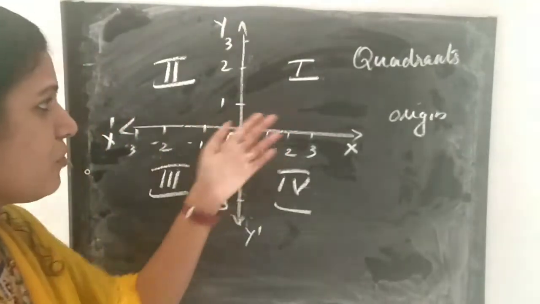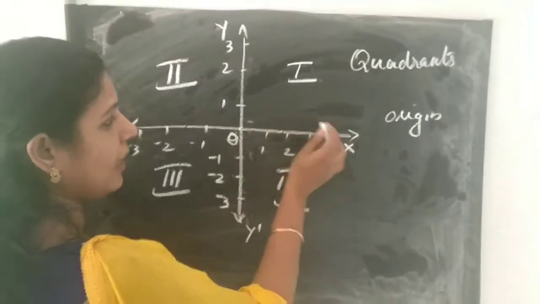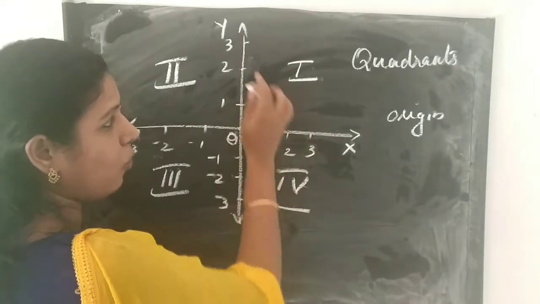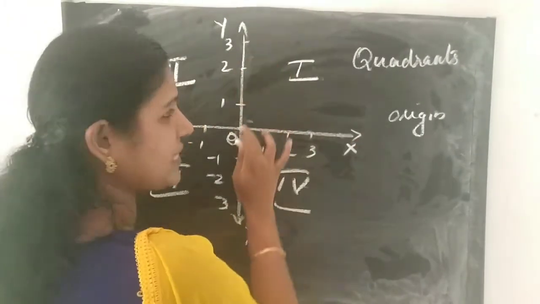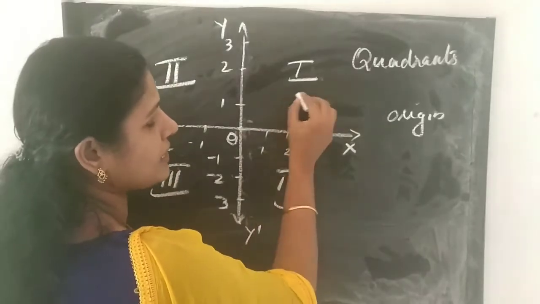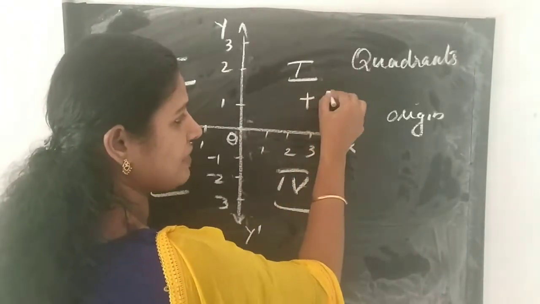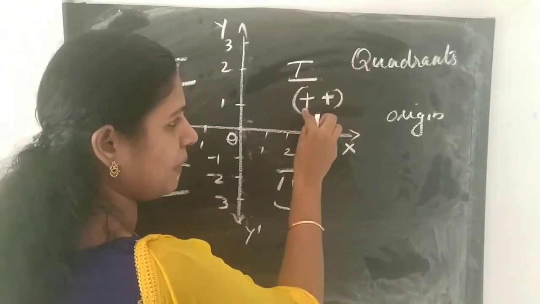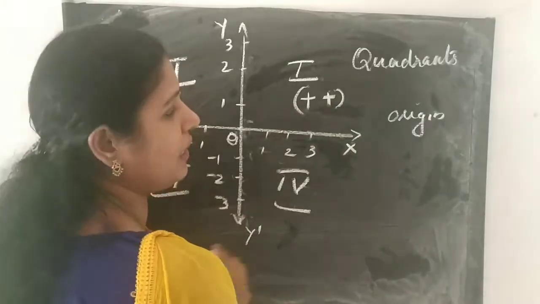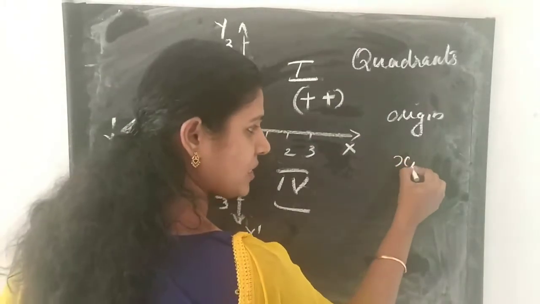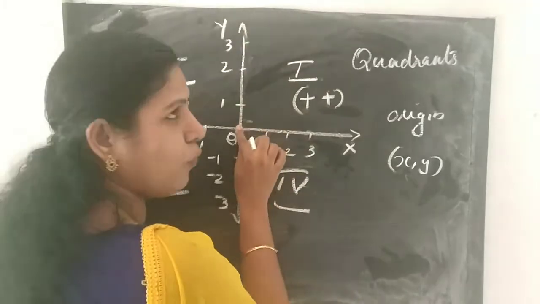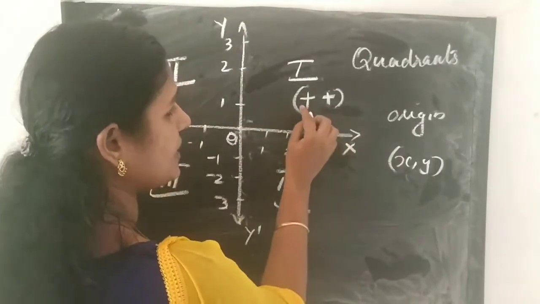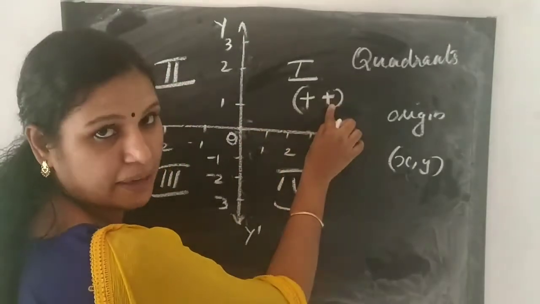In the first quadrant, all numbers are positive. We write the numbers as x comma y, first x and then y. So this is plus, plus, positive numbers.